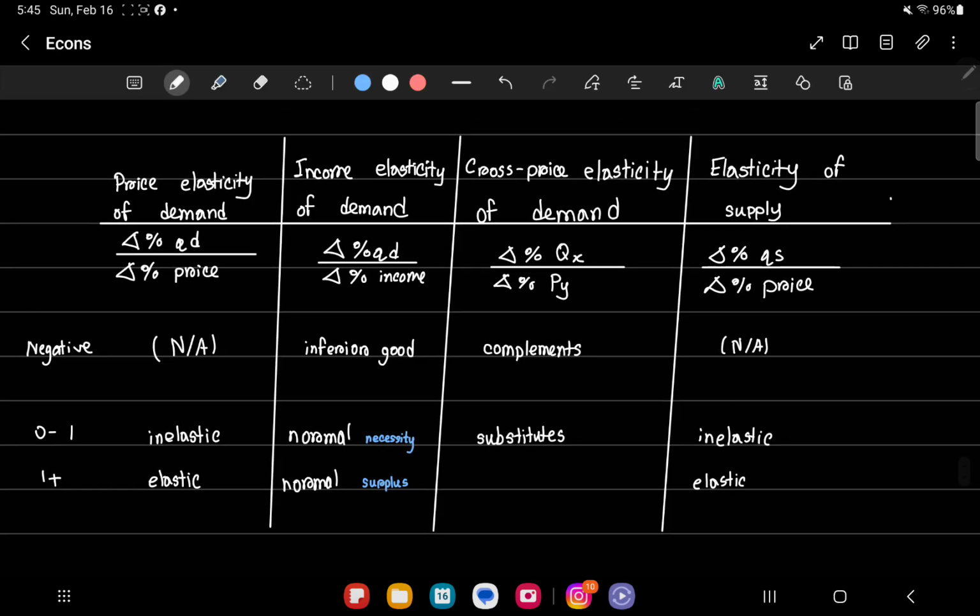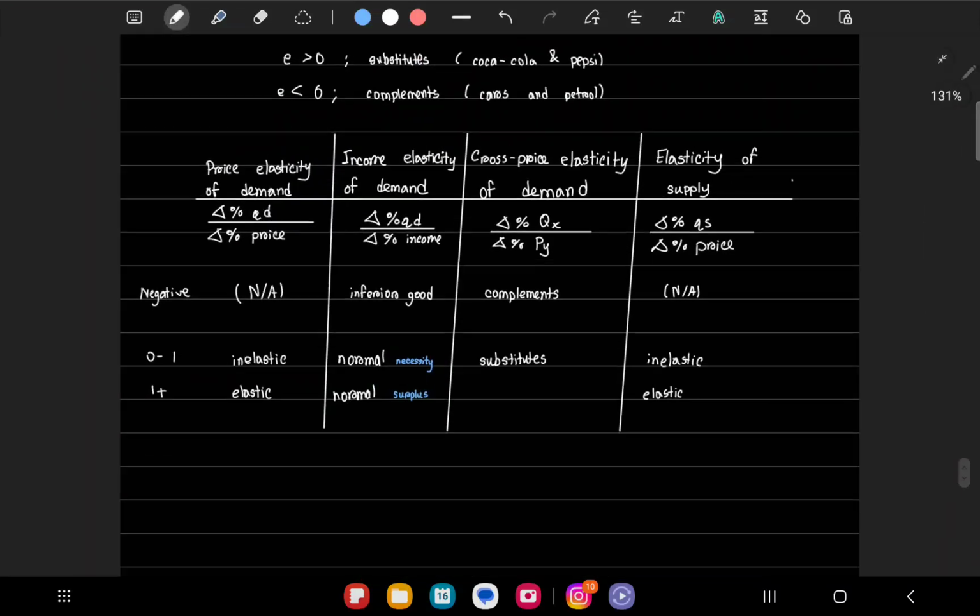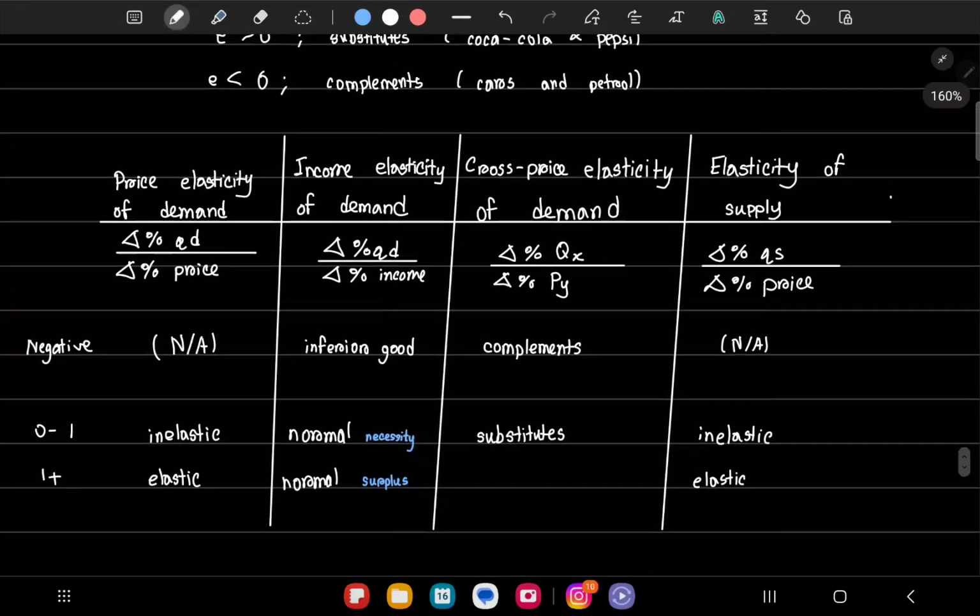We can summarize the information into this table. So we have the price elasticity of demand, which is the percentage change in quantity demanded. This triangle is the symbol of change.